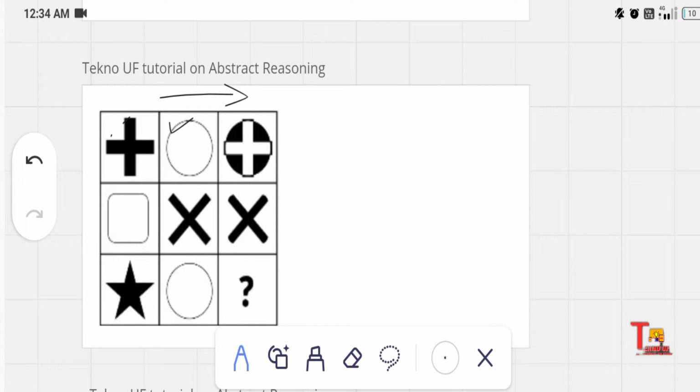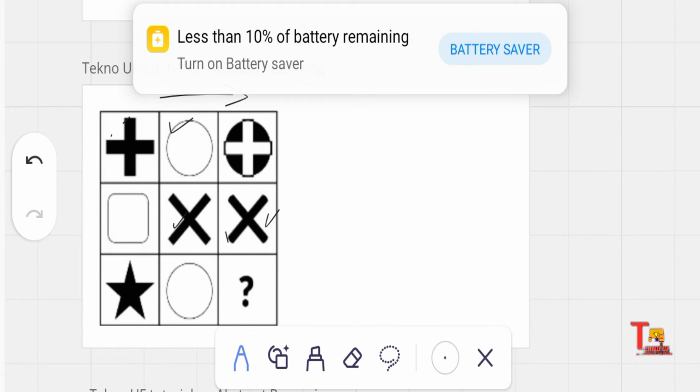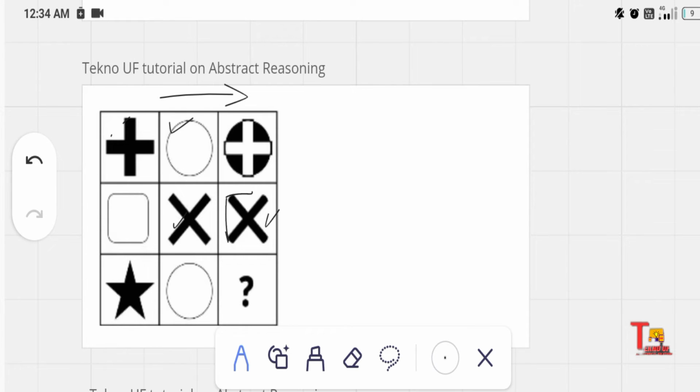The square is in the second row first box, and in the second row second column there is a cross, and here the cross is inside the box, right? This is also a compound of square and cross. Actually the box is there, but it is not visible because the background and the square are the same color.